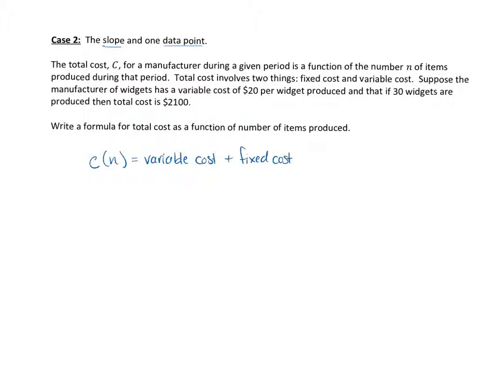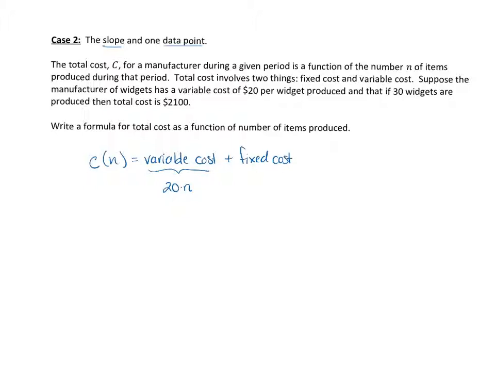Now the difference between this problem and the previous problem is that here we're told that the manufacturer has a variable cost of $20 per widget. So we know that this is 20 per n, right? And that 30 widgets are produced when the total cost is $2,100.